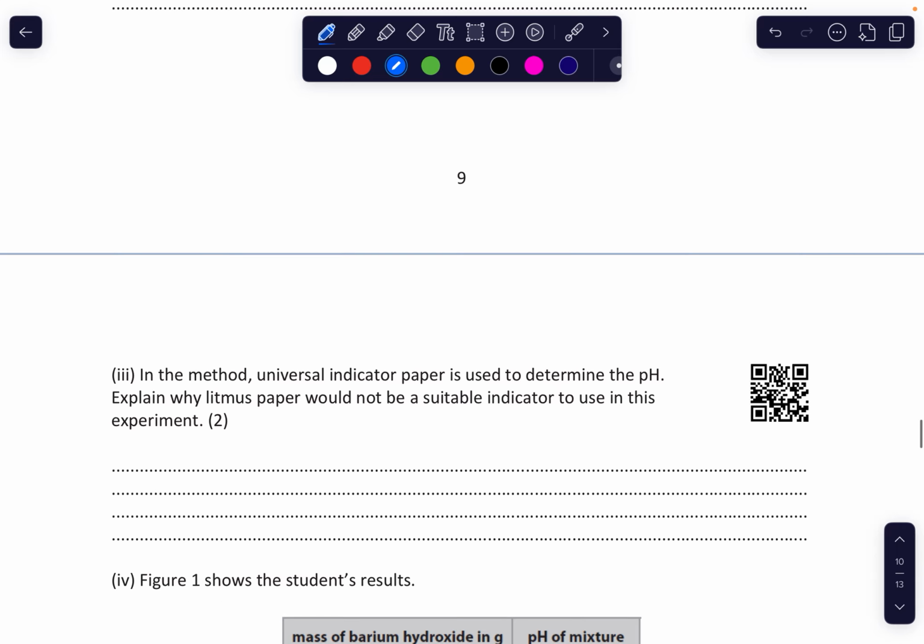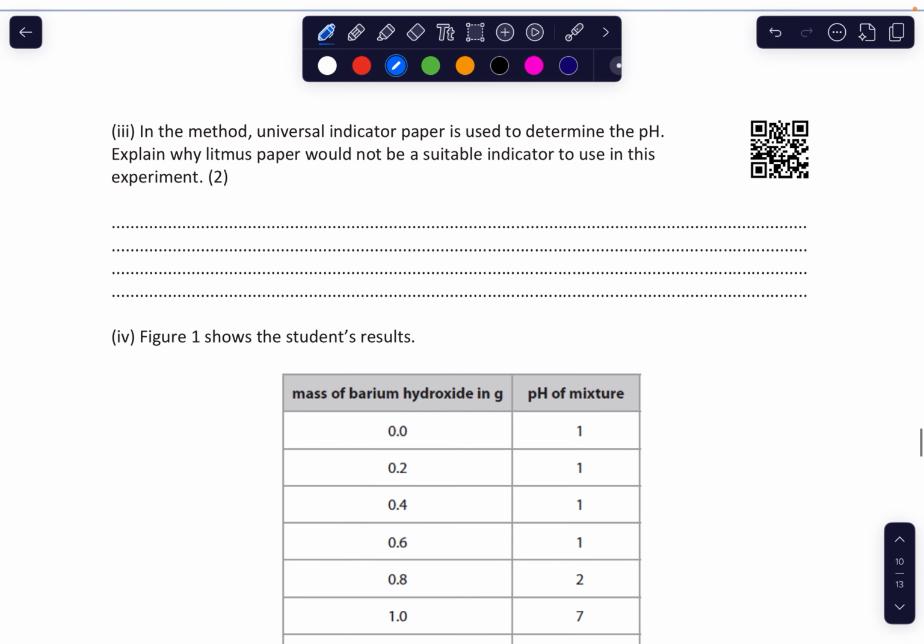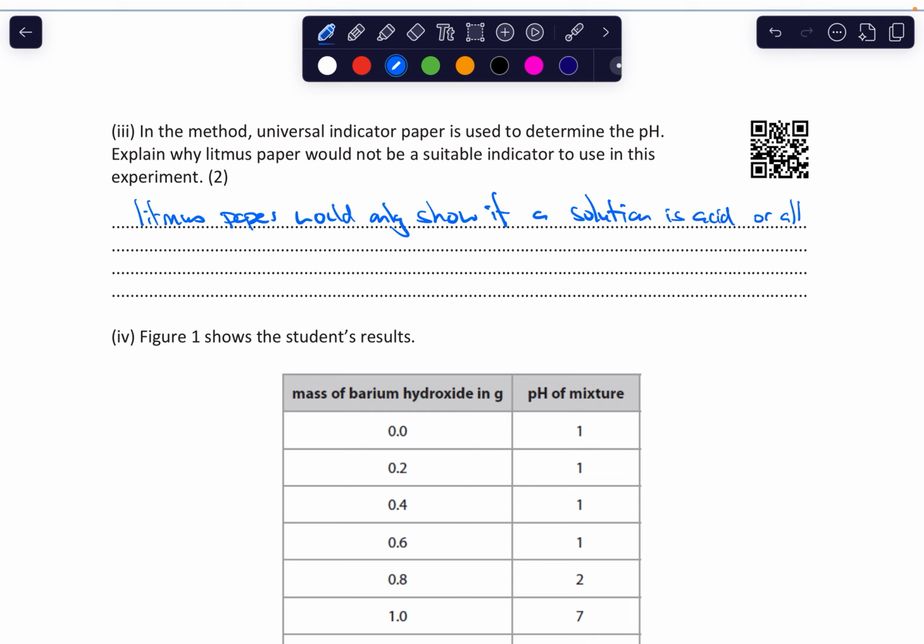Okay, next one, part 3, is asking us, the method has got universal indicator, explain why litmus paper would not be suitable. So litmus paper would only show if a solution is acid or alkali.